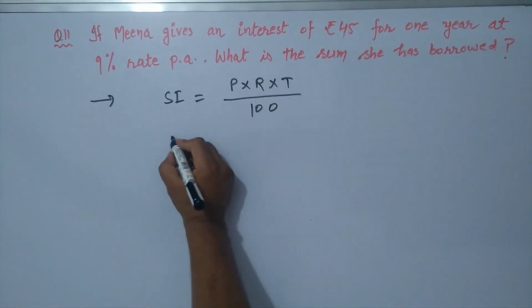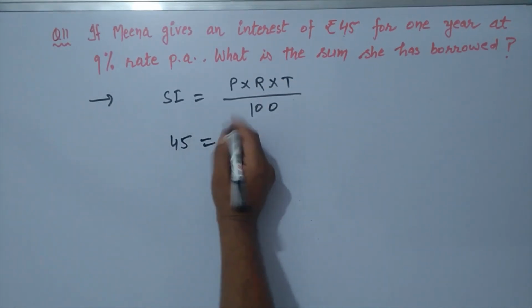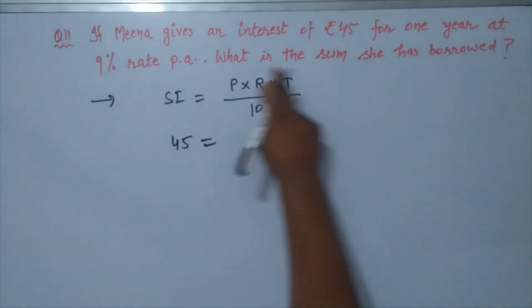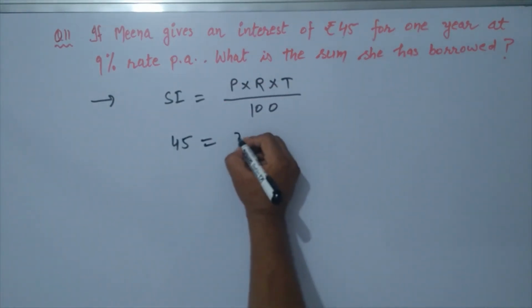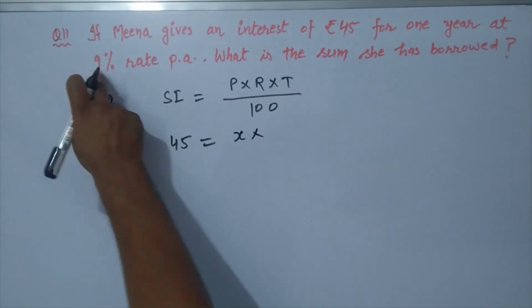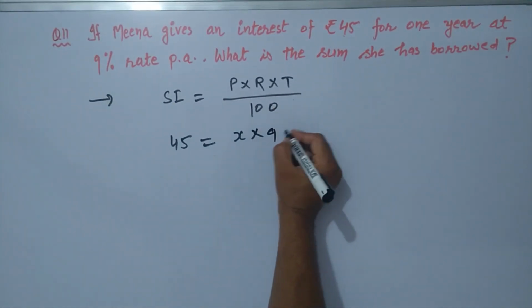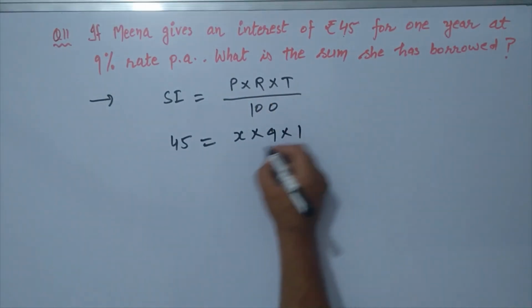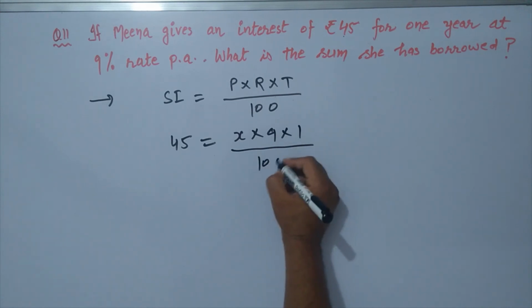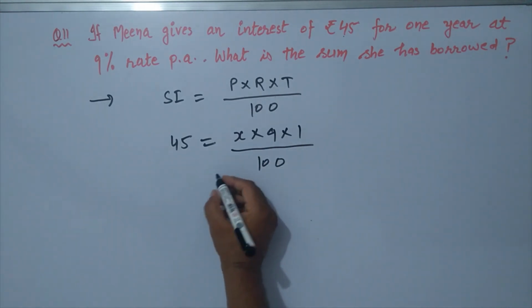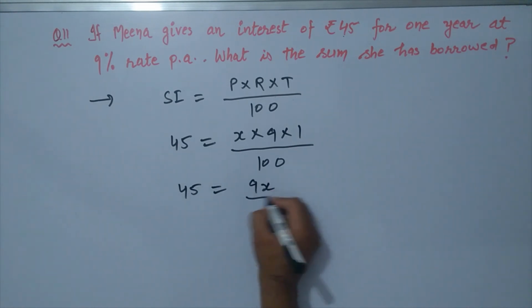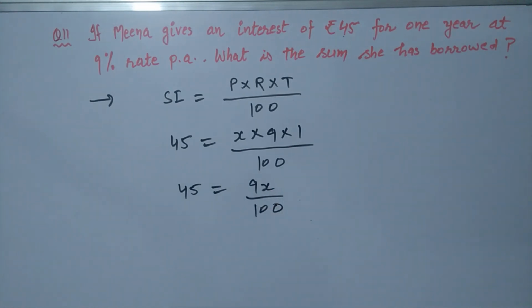Simple interest, this is rupees 45. Principal amount, this is not given. Suppose this is X. Rate is 9% and time is 1 year. Divided by 100. So this way we say 45 is equal to 9x upon 100.